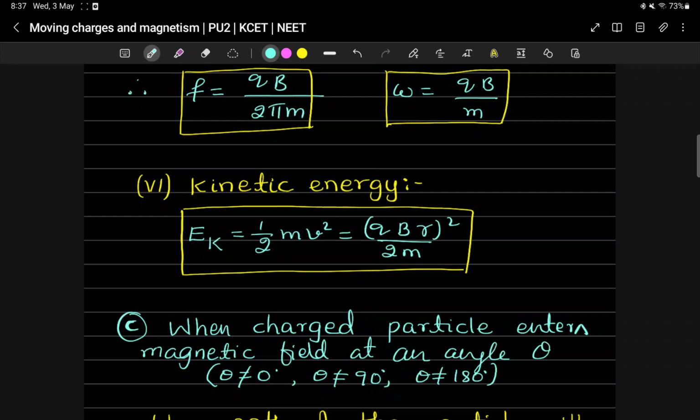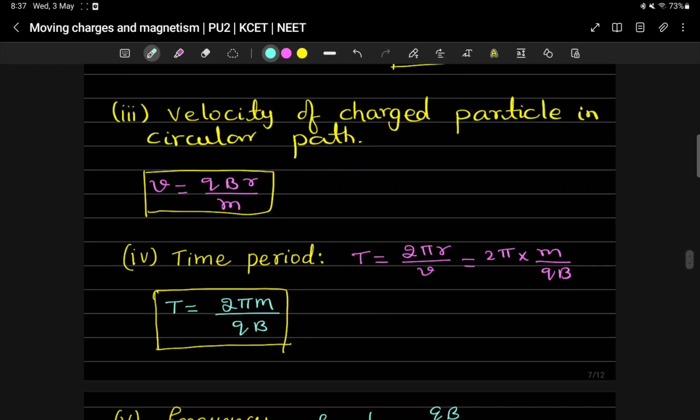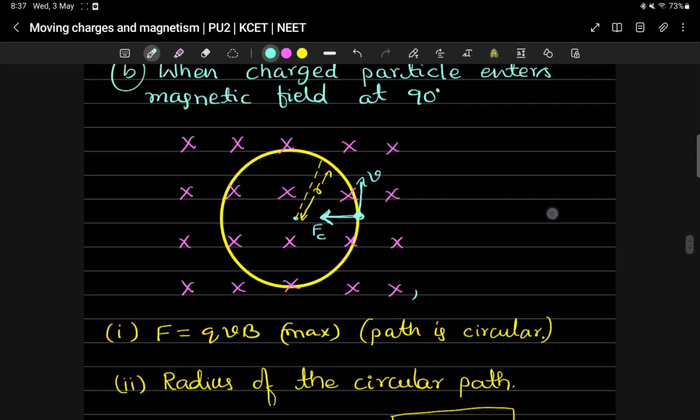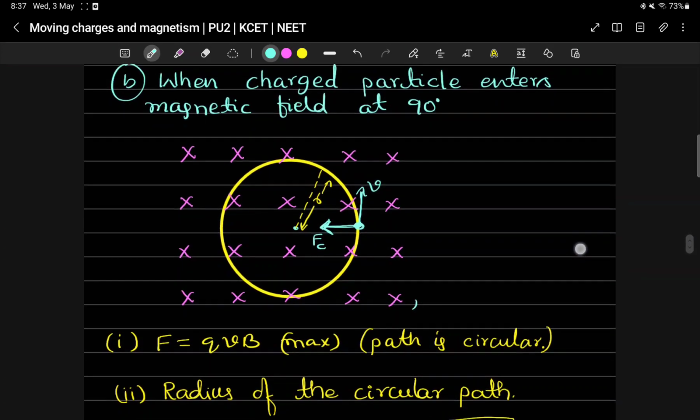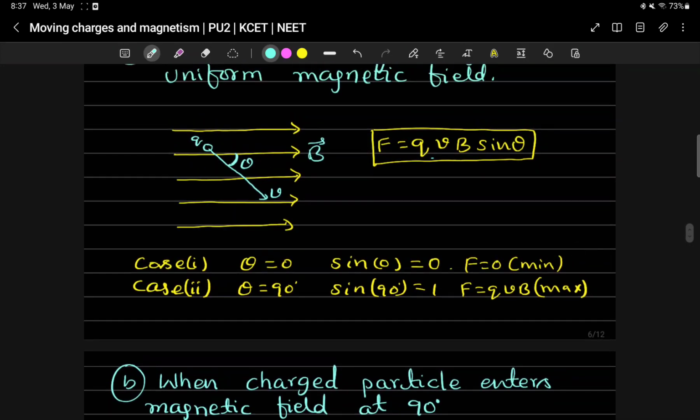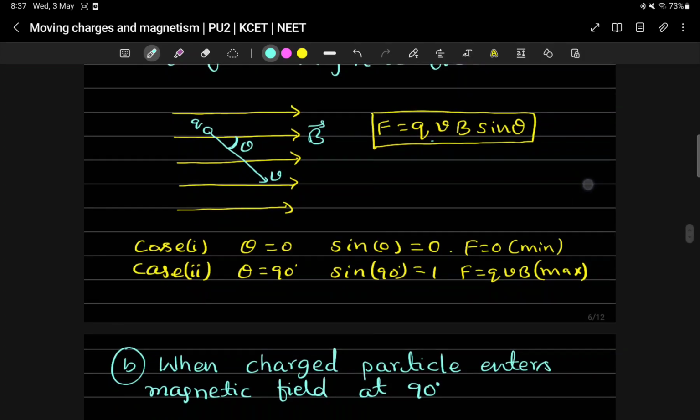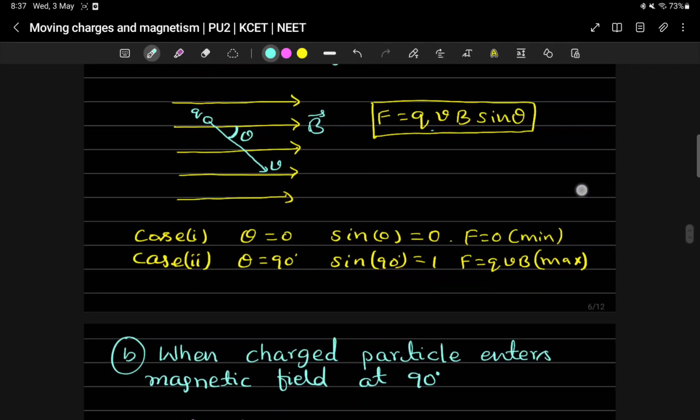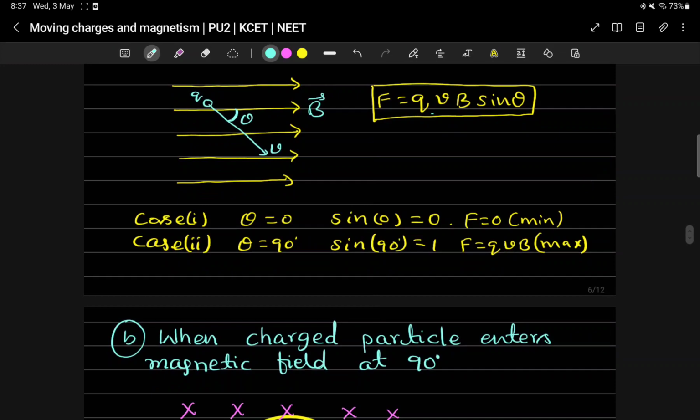If the charged particle enters perpendicular to the magnetic field, this is the second case. If it moves at some angle, then it moves in a different direction, or it may get into a helical path, or any other path like that. We'll show the direction of the motion of the charged particle.